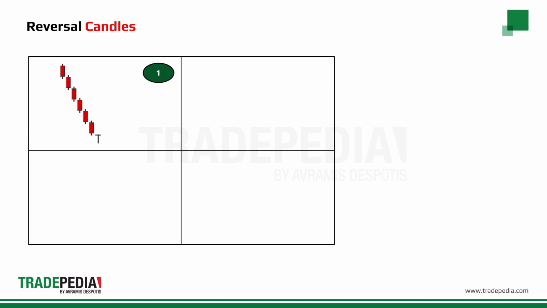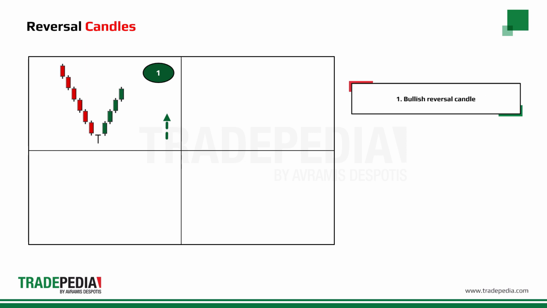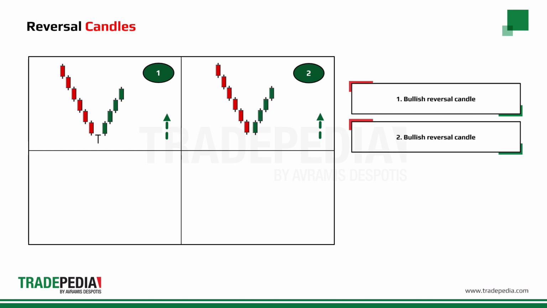A bullish reversal candle is simply a bullish candle with a big body, reversing the price action of the last red candle. In pattern number 1, notice how the green candle is closing with a big bullish body, and this is why it is considered a bullish reversal candle. In pattern number 2, the first green candle also possesses a big body and is considered a bullish reversal candle.